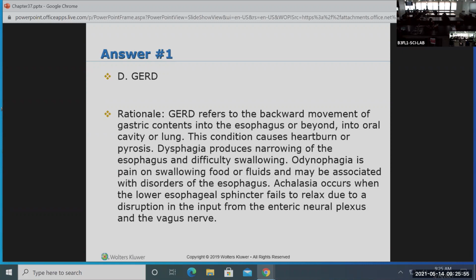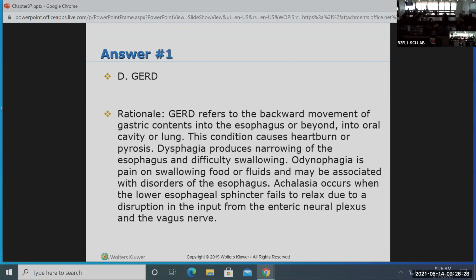This condition causes, highlight, the most common and painful complication of gastroesophageal reflux disease, which is heartburn. Heartburn, also called pyrosis, is a discomfort in the epigastric region.